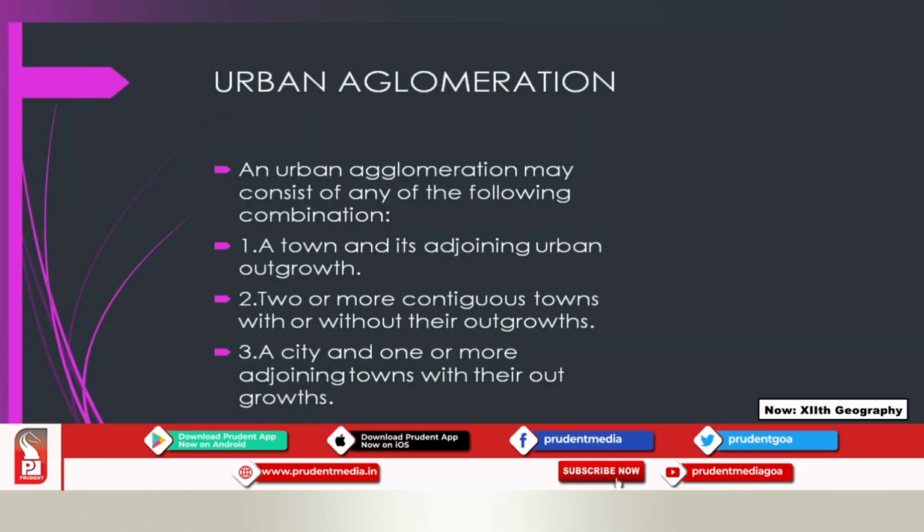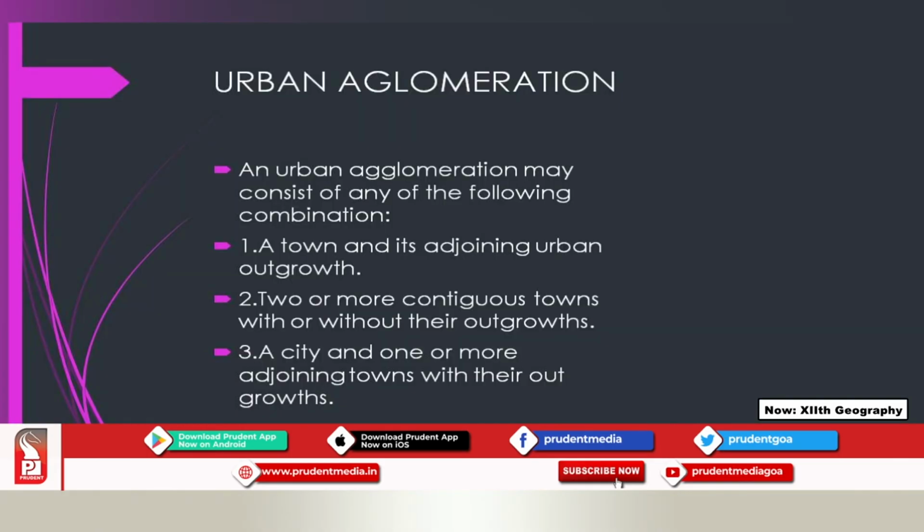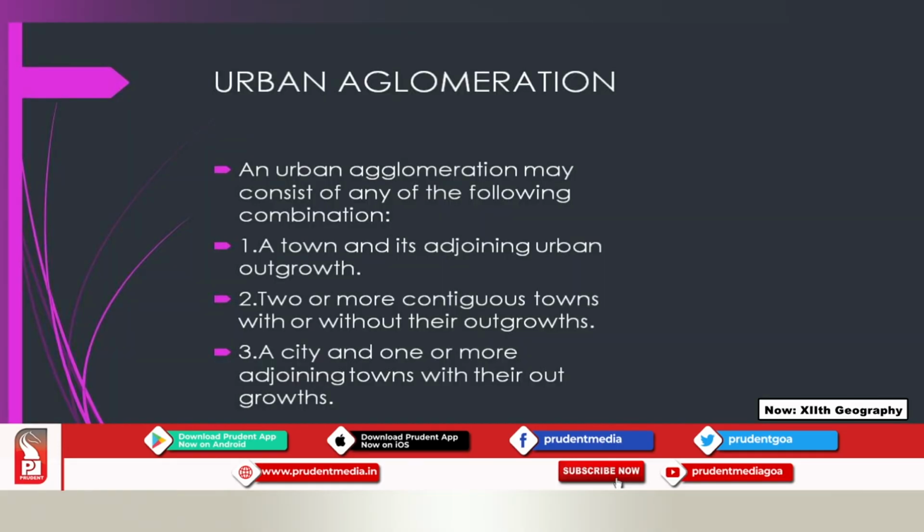Then there is a small topic called urban agglomeration. Now there are three conditions which are required for urban agglomeration. Urban agglomeration may be a result of the following three combinations. Maybe a particular town and its adjoining urban outgrowth, that could be considered an urban agglomeration.